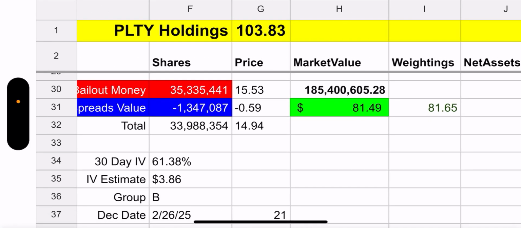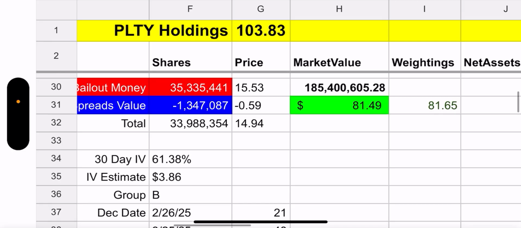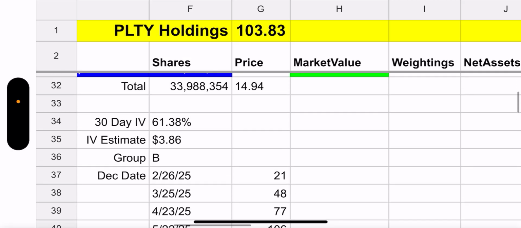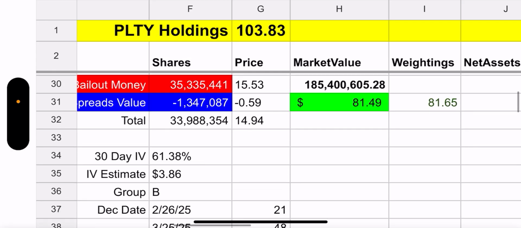If you want a gigantic distribution, then PLTY on the next go around, you're gonna get it. And I'm probably gonna forget now doing my guesstimate, but they're probably gonna hold back a lot of it, of course, because if you think about the IV estimate, we're looking at 386. If they make 15.53 per share, in a 4-week cycle, we're looking at a pretty damn big distribution, even with the holdback.